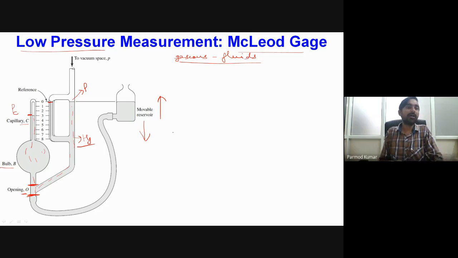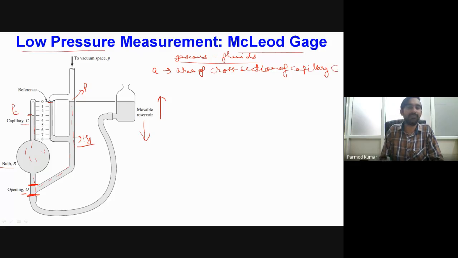Now, consider that small a is the area of cross section of this capillary C, and let us consider that Y is the length of the capillary where we have this compressed gaseous medium.